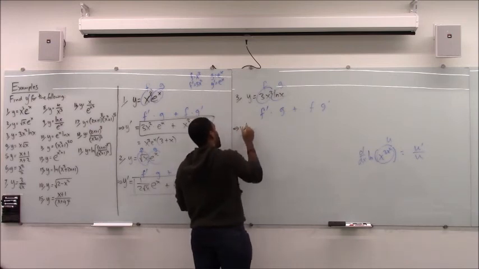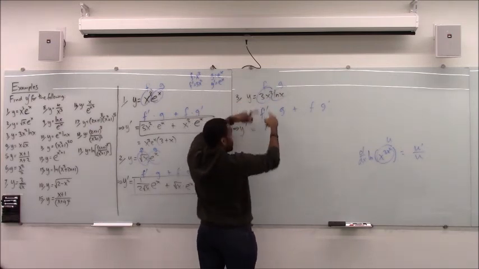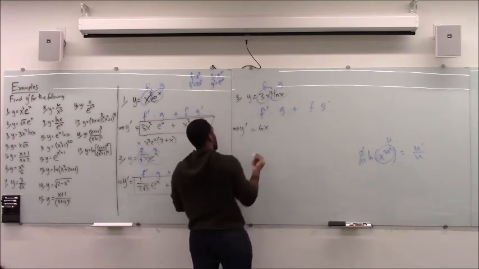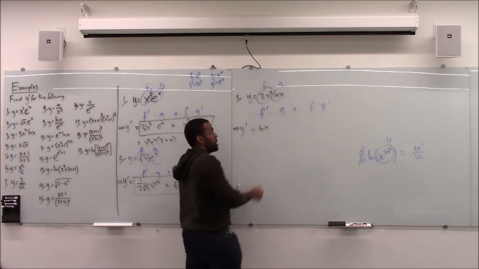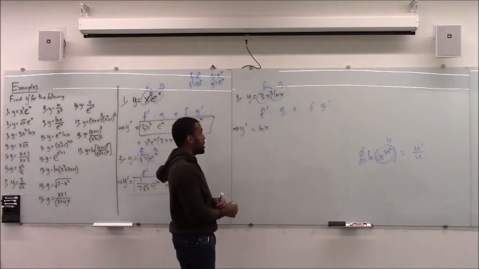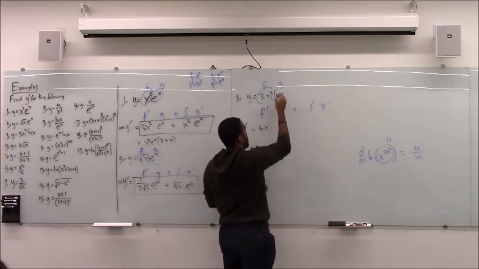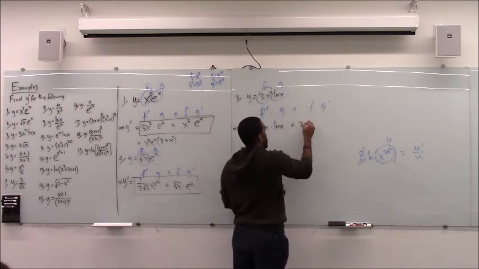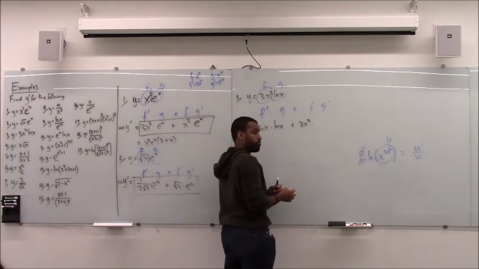So this means that your y prime is going to be the derivative of this, which by the power rule is 6x. We also know that constants factor out, so the 3 just stays while I differentiate the x squared, times the g, which is just ln of x, plus the f, which is the 3x squared, times the g prime, the derivative of ln x, 1 over x.